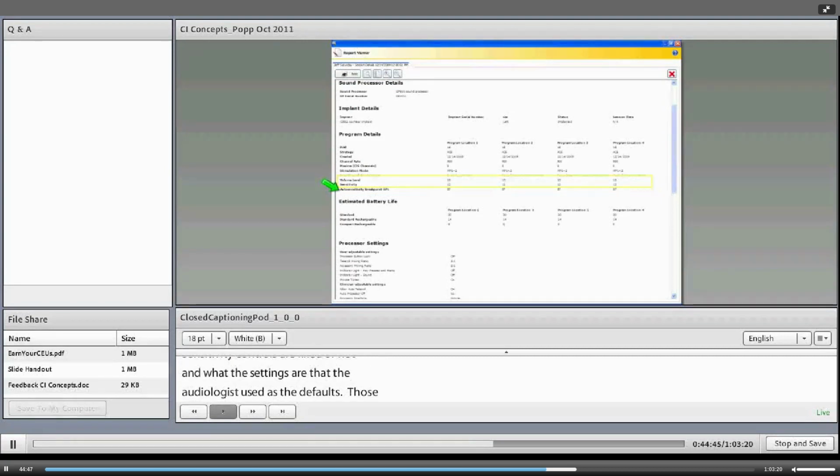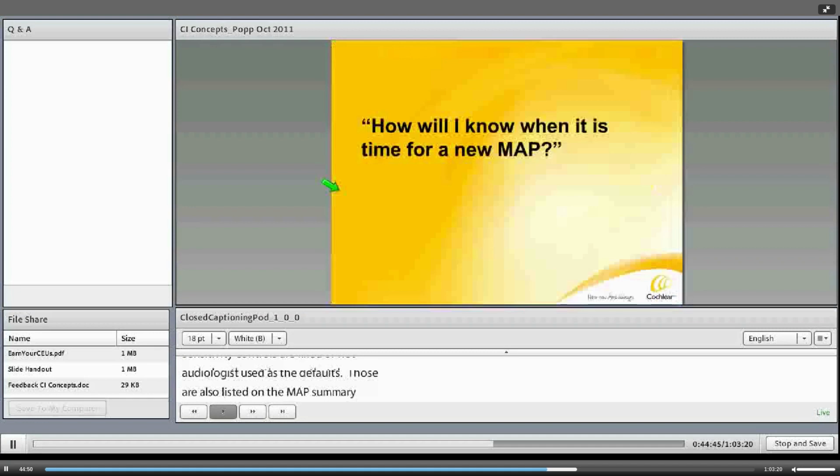And you'll see if the volume control and sensitivity controls are fixed or not, and what the settings are that the audiologist used as the defaults. Those are also listed on the MAP summary report.